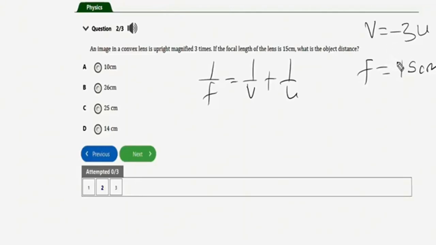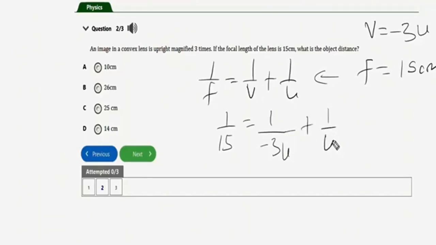Now, with these parameters we have, let's plug them into this formula. This is going to give us 1 over 15, our focal length, equals 1 over our image distance, minus 3u, plus 1 over u.